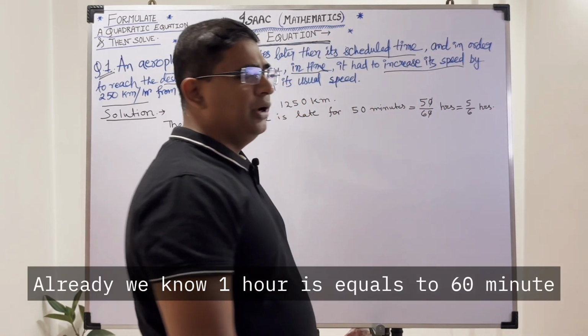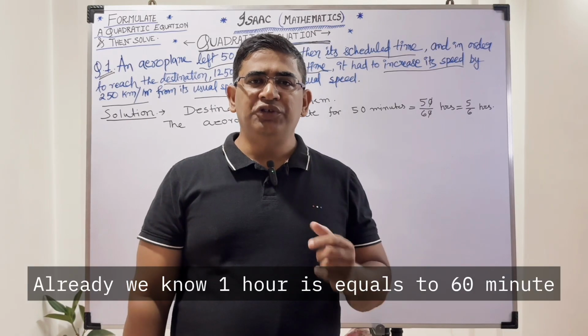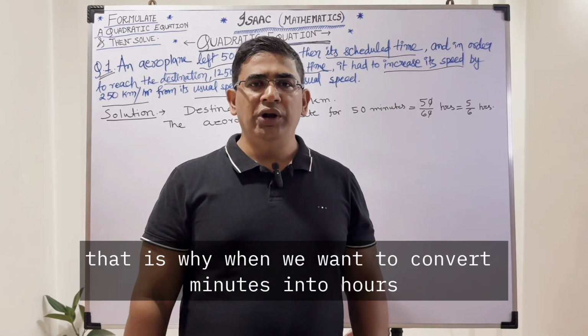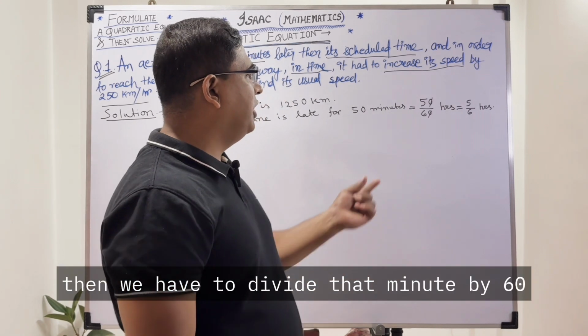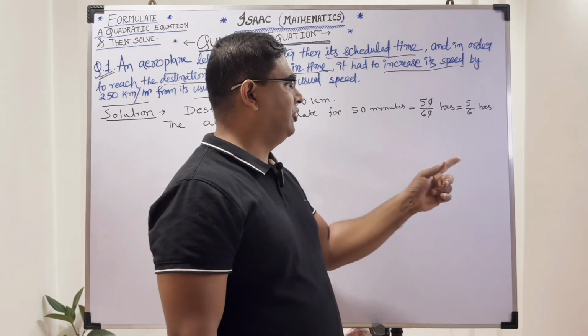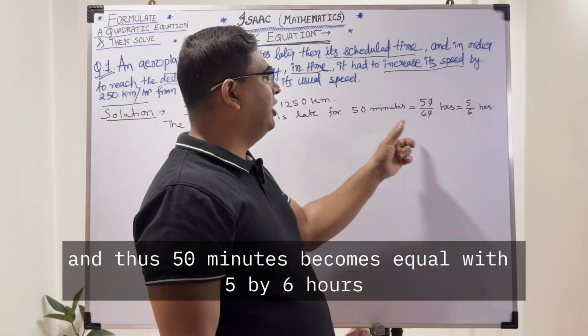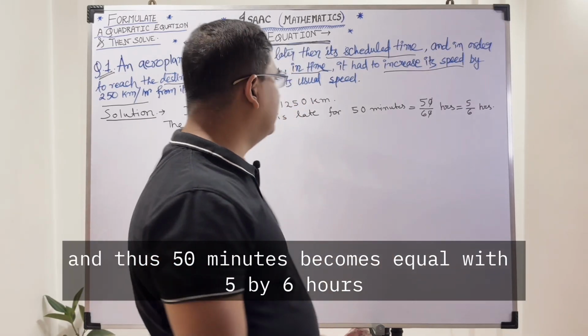Already we know 1 hour is equals to 60 minutes. That is why when we want to convert minutes into hours, then we have to divide that minute by 60, and thus 50 minutes becomes equal with 5 by 6 hours.